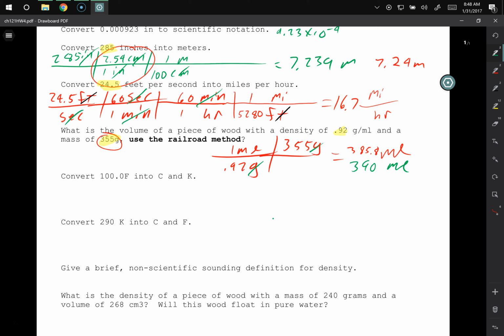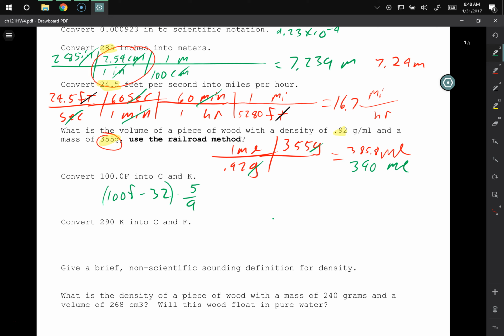So what do I do with this? I take my 100 degrees, and what do I do with it? I subtract 32, and then what? All right, so it's really important that we do this. The subtract 32 needs to happen first.